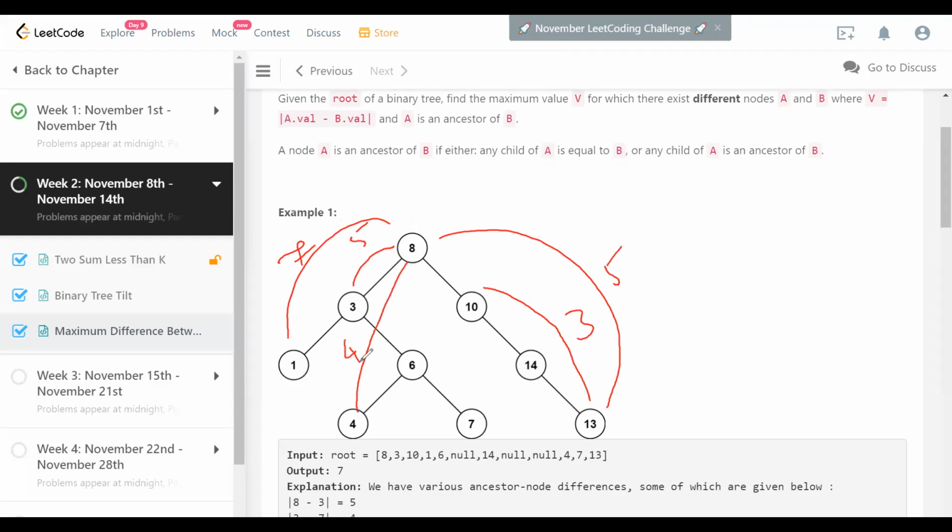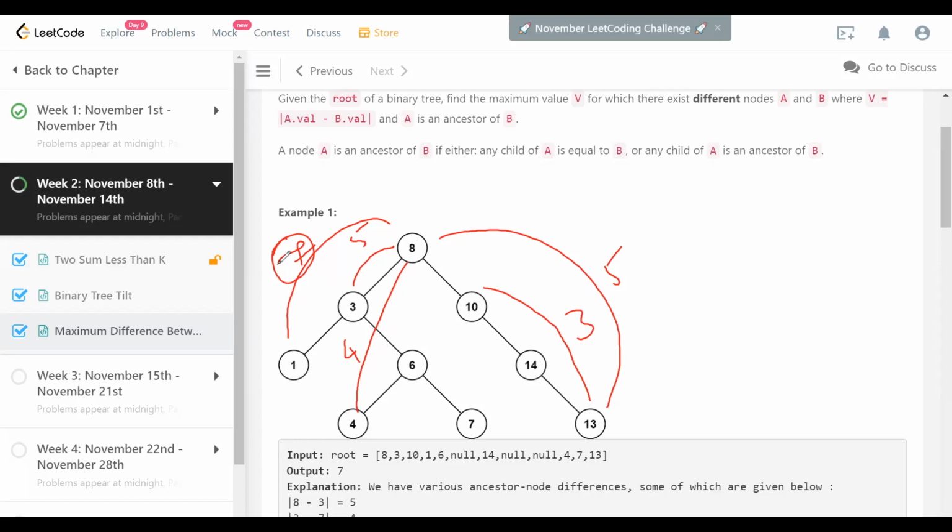So if you figure out all the pairs of nodes where one of them is an ancestor of the other, the difference we can keep finding, and the maximum among them is 7 in this example, right? I haven't tried every pair here, but yeah, 7 is the answer for this example.